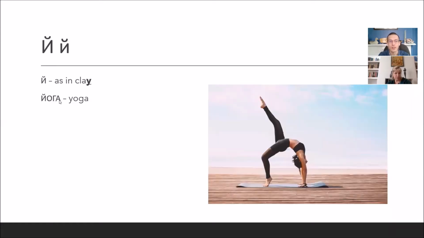And you can see the difference specifically between H and G. The sound in Ukrainian is H, and in English yoga it's a G sound. So this is yoga.